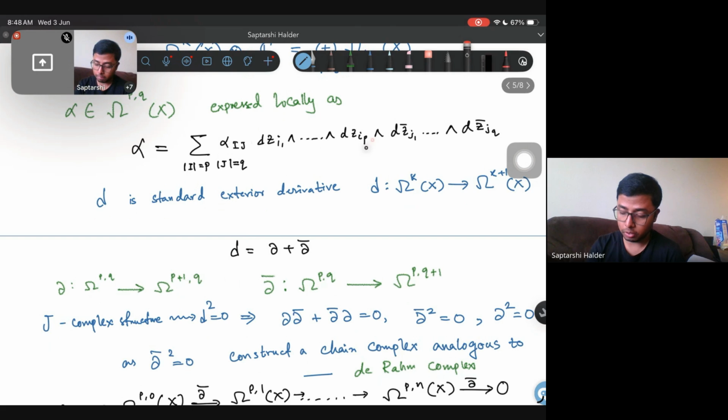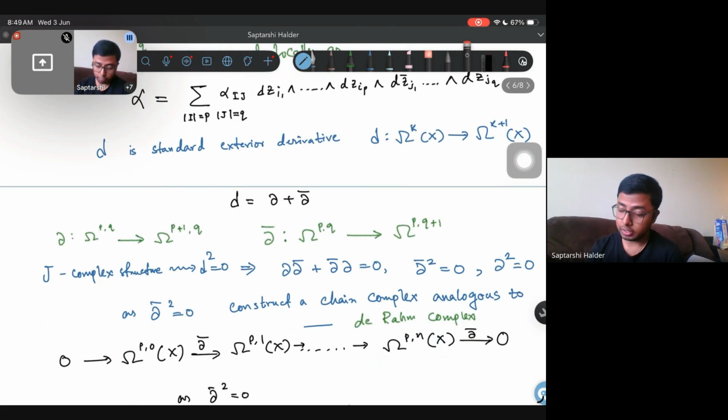And the del bar operator sends this to Omega^{p,q+1}, because it just acts on this part. So it raises the degree of this part. Similarly over here.